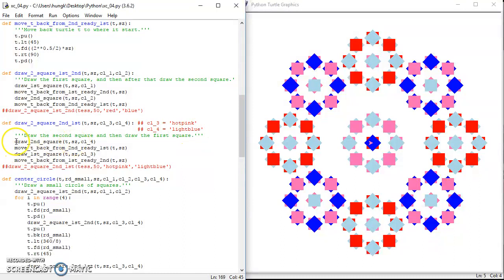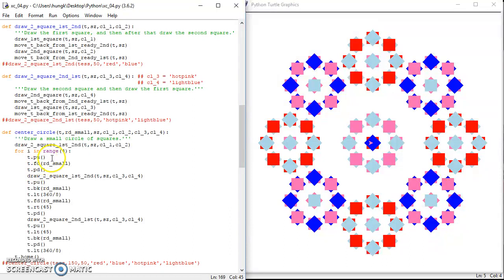Then we draw the second square and move back to the center and draw the first square, and then we get this one right here. This will be ready for making this small circle right here.